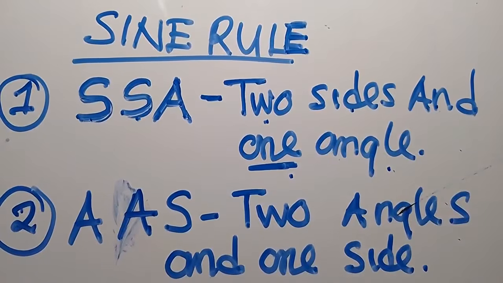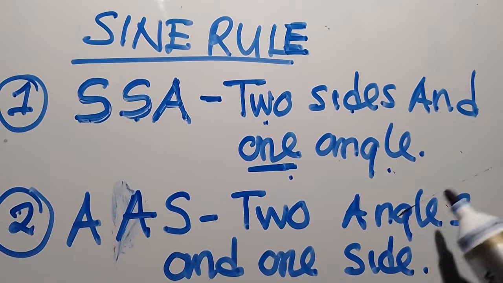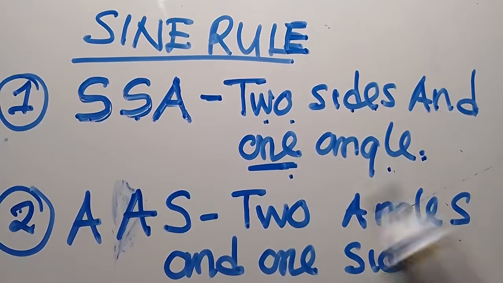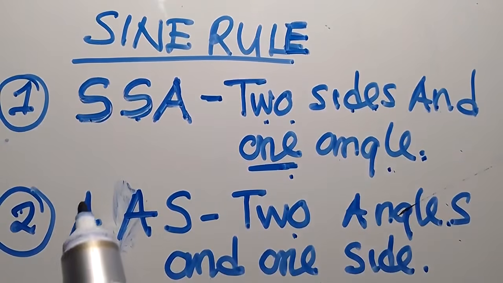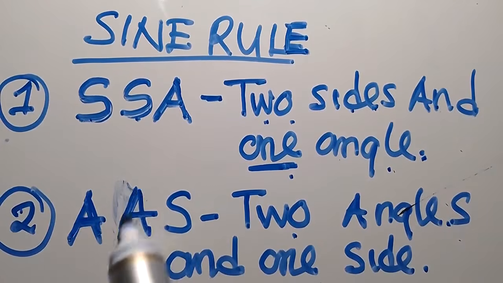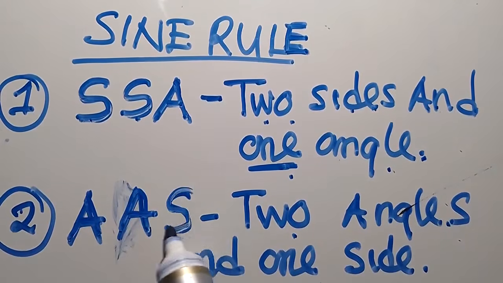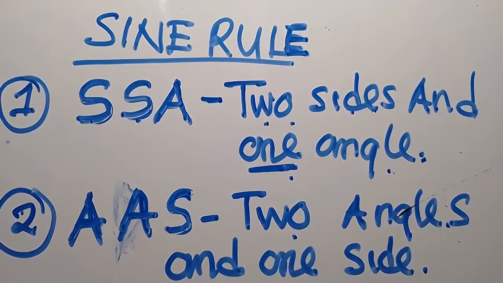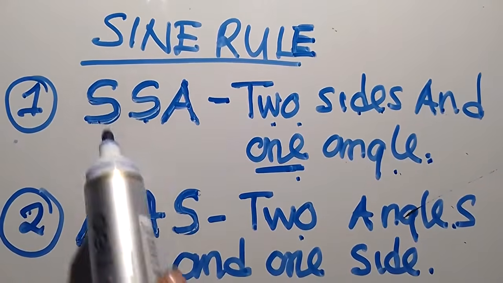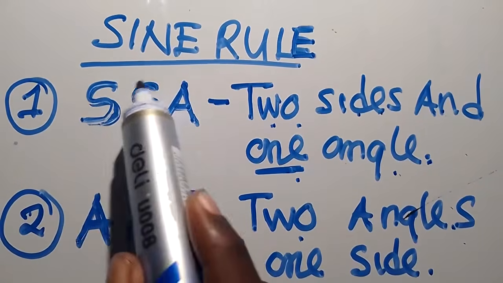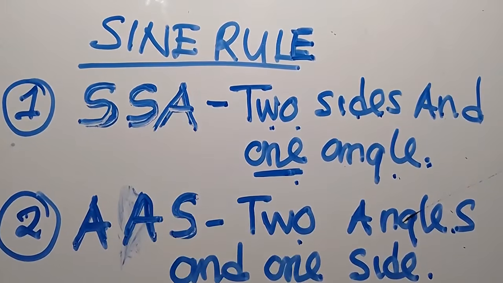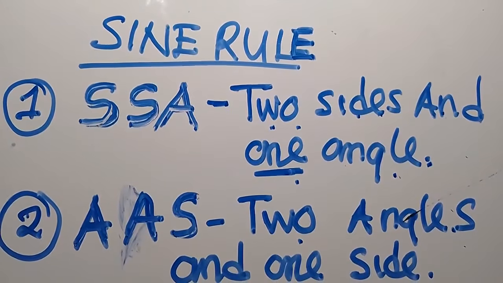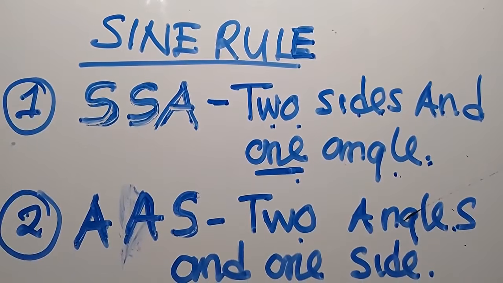So two sides and one angle, two angles and one side. This is the interpretation. A is an angle. So two angles are given, then we've got one side there. The other part is where we are given two sides, then the angle alone. So this is what we need to know when we use the sine law.